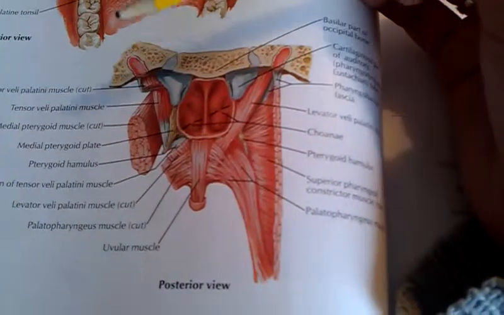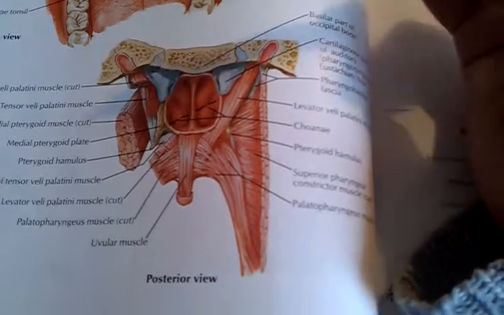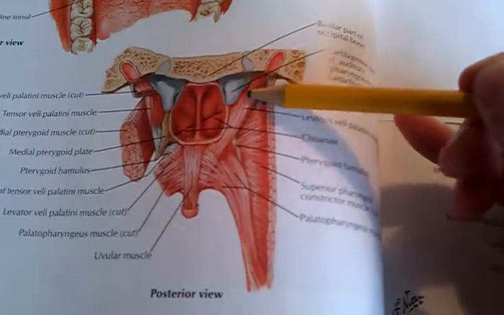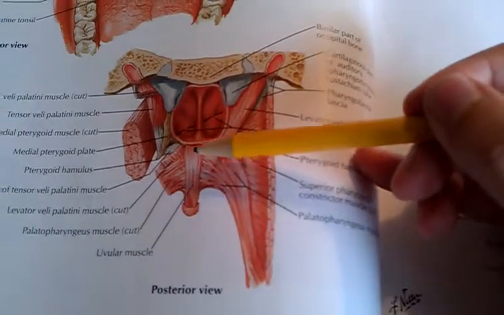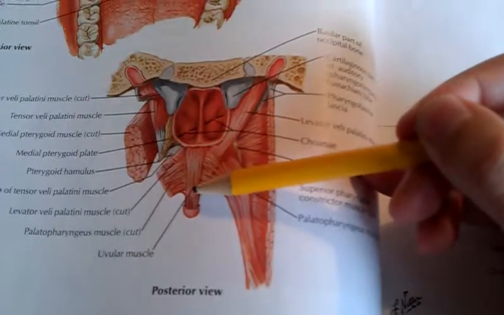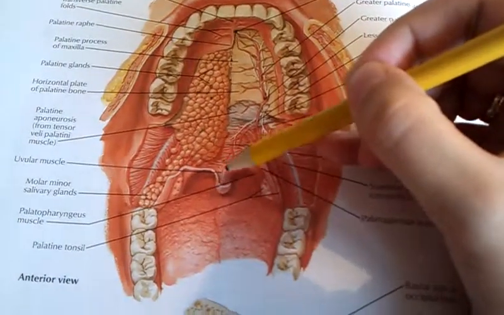So the first muscle, tensor veli palatini muscle, and then levator veli palatini muscle, this one. Then you have musculus uvulae, you see it from the back, and here you see it on the front.